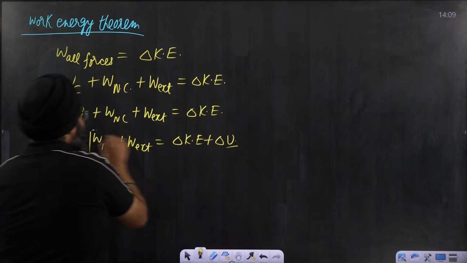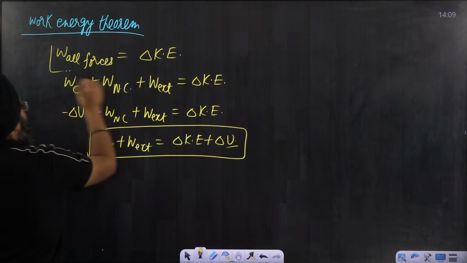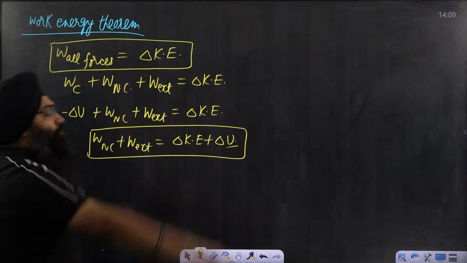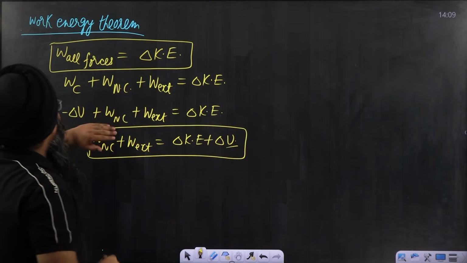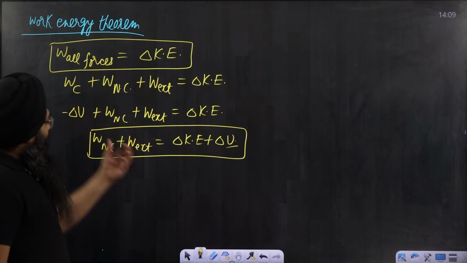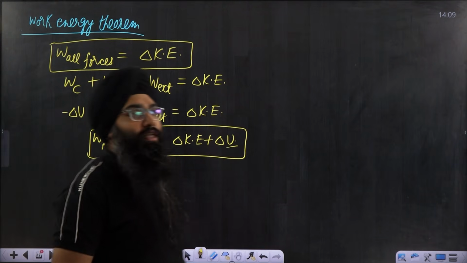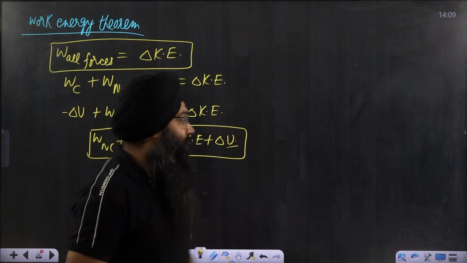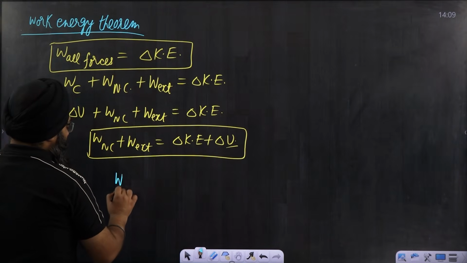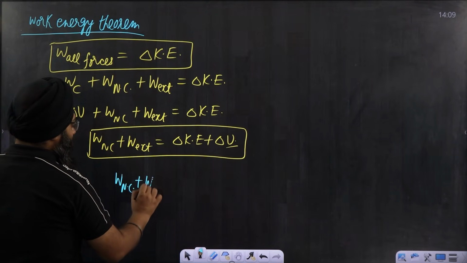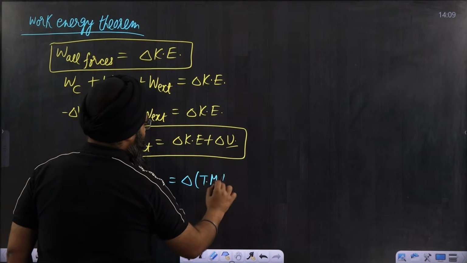So this is basically the concept of the work energy theorem. The actual definition is that work done by all the forces will be equal to the change in kinetic energy of the body. But in other cases, I can convert that format into this format, that work done by non-conservative plus work done by external agent will be equal to change in kinetic energy plus change in potential energy. I can also do one more thing: work done by non-conservative plus work done by external agent will be equal to the change in total mechanical energy.